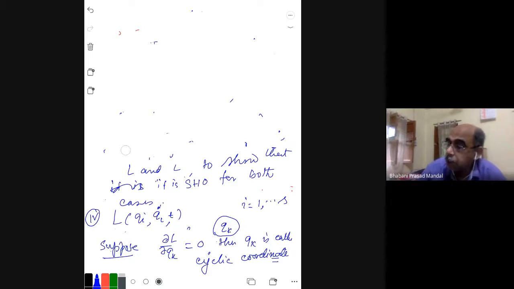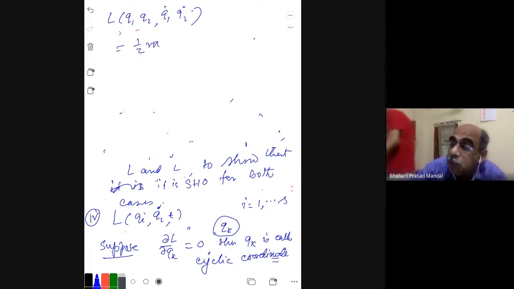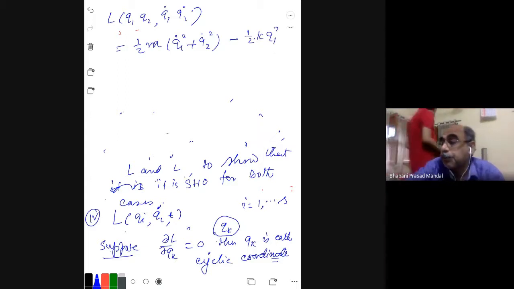So for a cyclic coordinate, suppose I have a Lagrangian of two variables, q1, q2, q1 dot, q2 dot. Let me give you the Lagrangian: half m q1 dot square plus q2 dot square, plus half k q1 square.